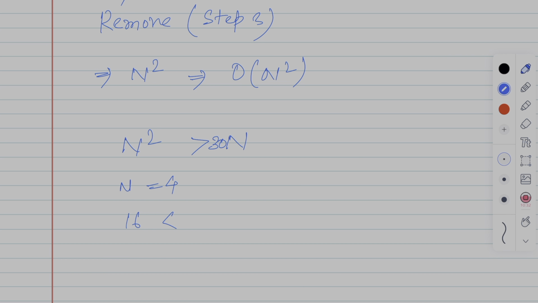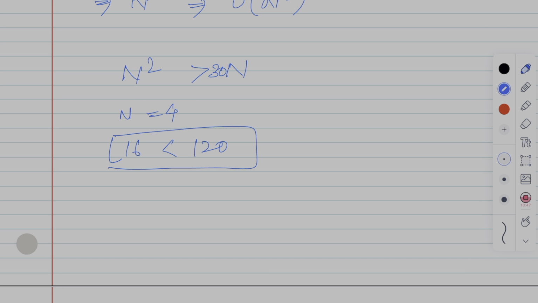It is smaller. But as we know, we don't compare algorithms based on smaller inputs, but we think about the larger input. So if we change it to a larger input, take it as 100. 100 square will be greater than 30 into 100. So 100 square will always be greater than 3000, you can see.